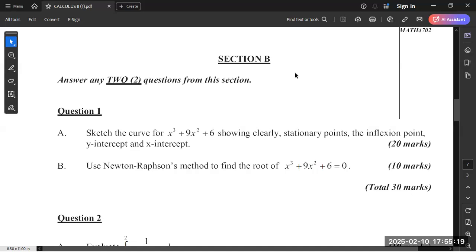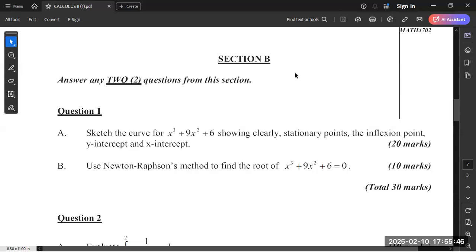Let us try -2. -2 cubed is -8, but -2 squared is +4, and 4 times 9 is 36, and 36 plus 6 is 42. So that's not going to give me a negative value. We have 0 giving 6, -1 giving 14, and -2 giving another positive value.